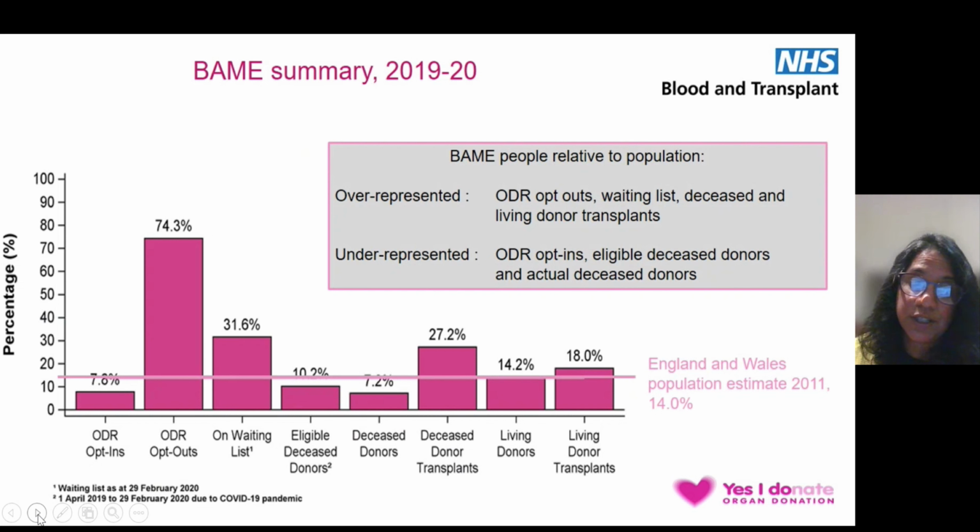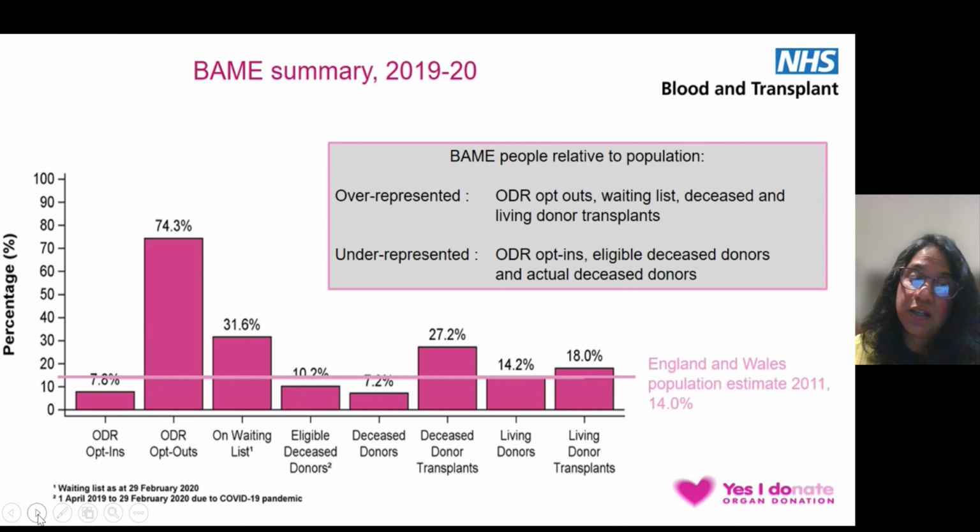and ethnic minority communities. If you look at the opt-outs, so these are people who have actually gone on the register and expressed that they do not wish to proceed with donation when they are at the end of life, 74% of opt-outs are from Black and ethnic minority groups.